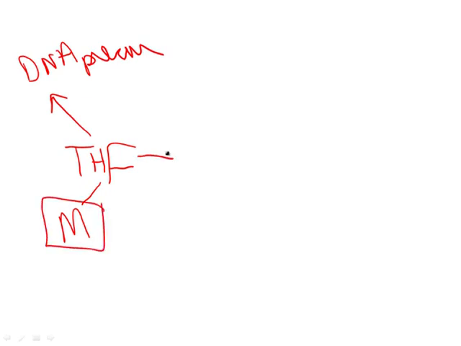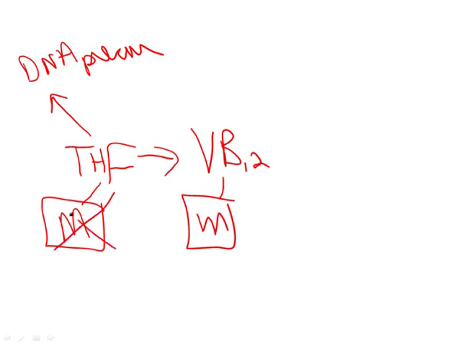And so very quickly, folate will basically convince vitamin B12 to take the methyl group. And so vitamin B12 will actually take this methyl group. Tetrahydrofolate will lose the methyl group, allowing tetrahydrofolate to participate in DNA precursor synthesis.